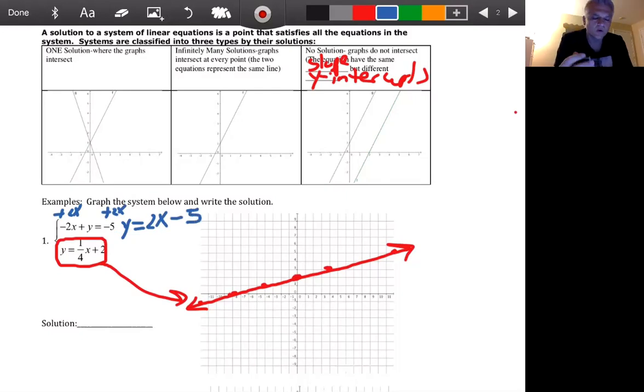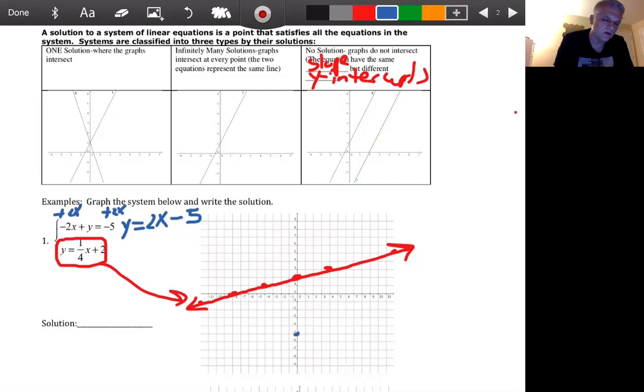Okay, so we have y equals mx plus b again, which is really cool. So let's do that again. Here's my b, so we're going to go to negative 5. I'm going to put a dot there.